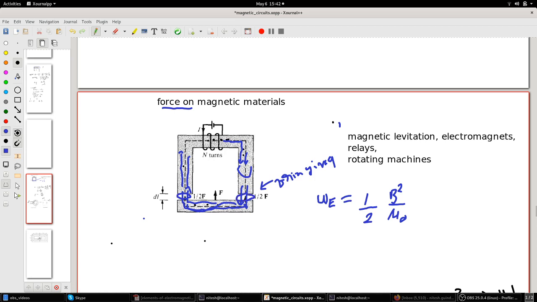The energy density of the air gap, assuming that B is the field generated by this flow of current, is, as we have already seen, half into B square by mu 0. Energy density is basically energy per unit volume. So now we know the volume of this particular air gap here, so let me just show you this.